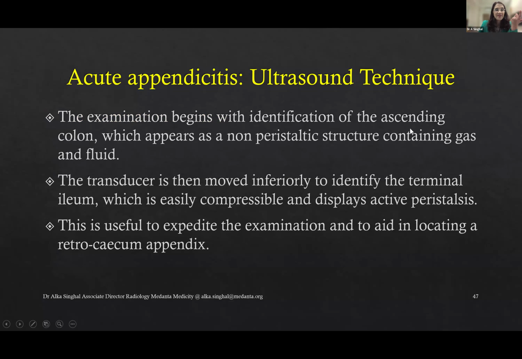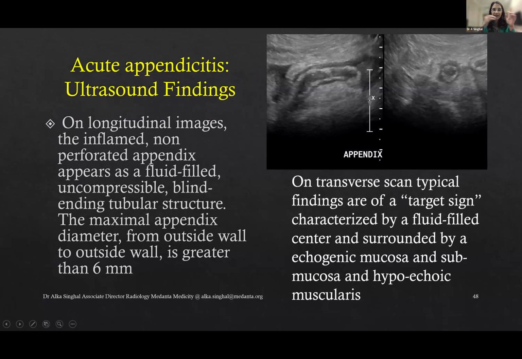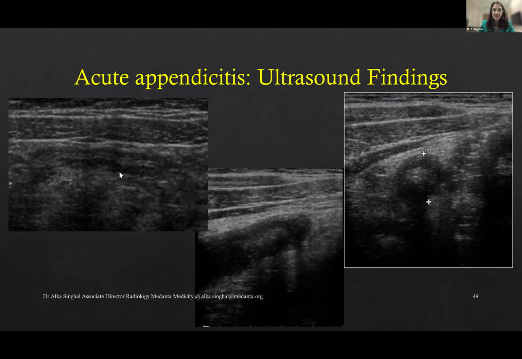You can begin with the identification of the ascending colon, and then you move inferiorly to identify the terminal ileum, and then you can extend to the various anatomical positions of the appendix. And like I discussed, a tubular, non-fluid filled, non-compressible blind ending structure that you can see, a target sign, various appearances that you can see.